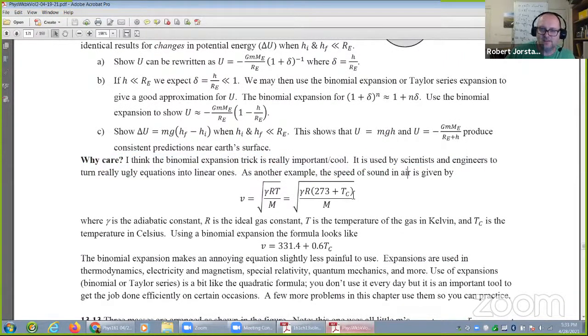Here's another example. This is for the speed of sound in air. You could actually rewrite this one as the square root of, I should be careful here, that's kelvins. So I could change this. These are constants.